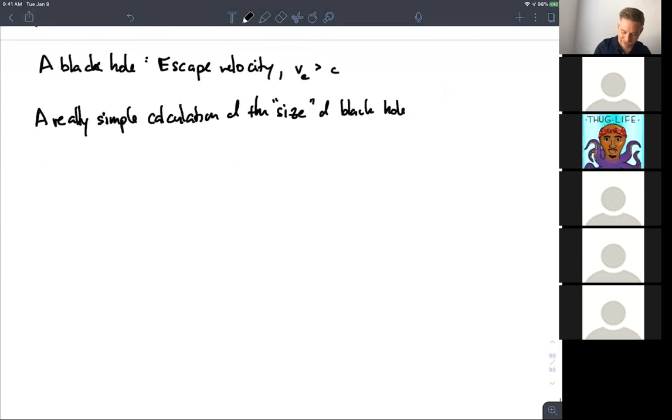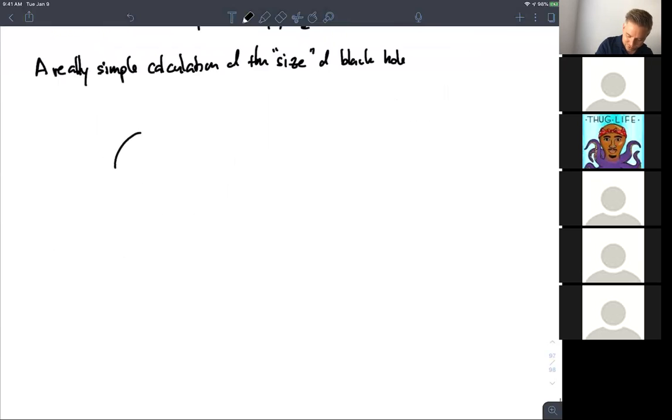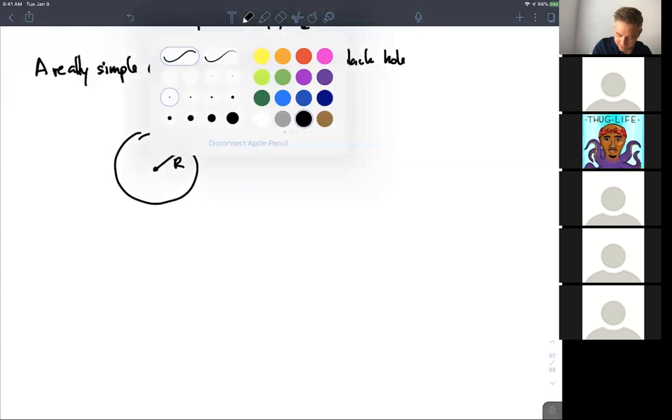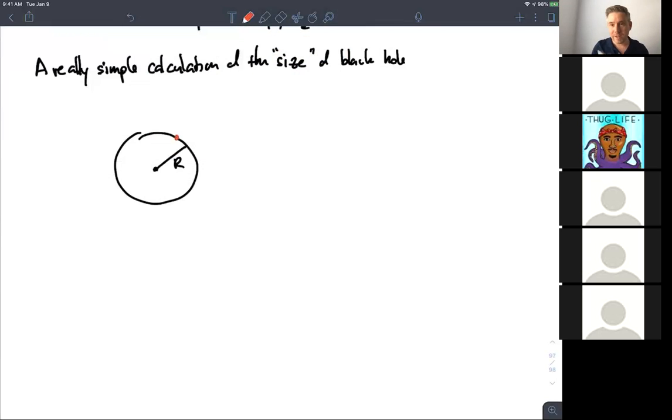All right, so now let's imagine we have a black hole which has some finite radius, r. And we have a particle here at the edge of the black hole that we shoot off at some speed. Now what we want to do is find the escape velocity of this object.